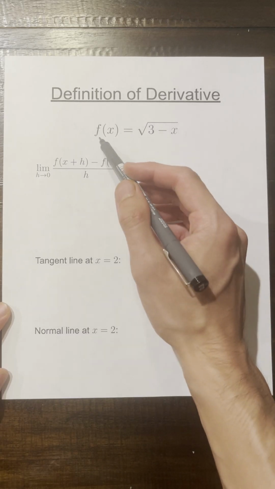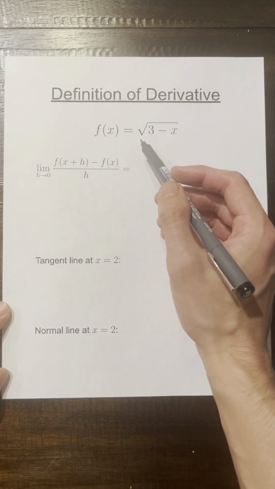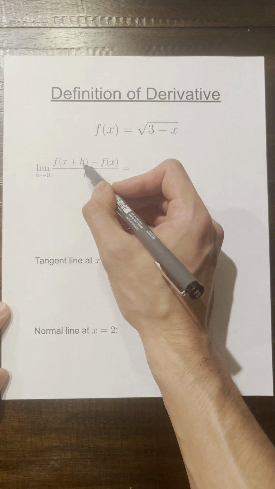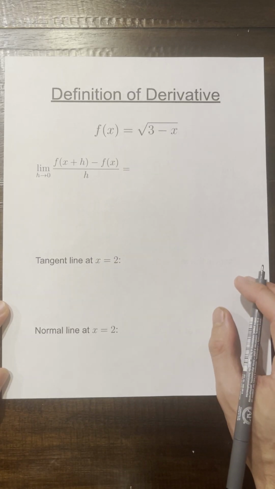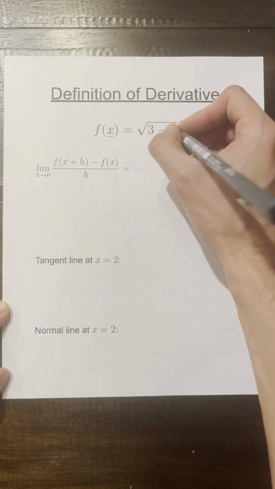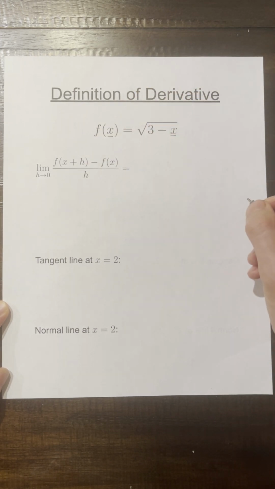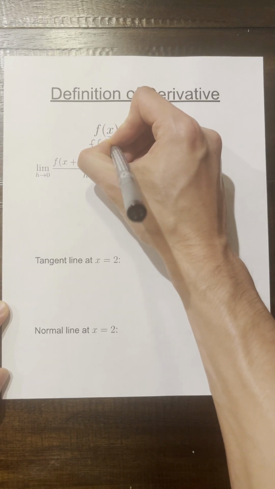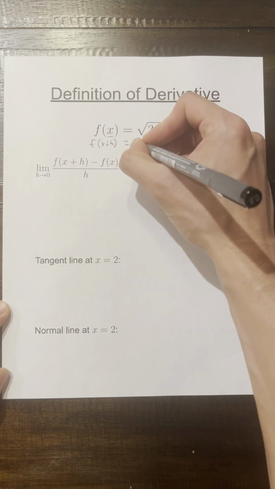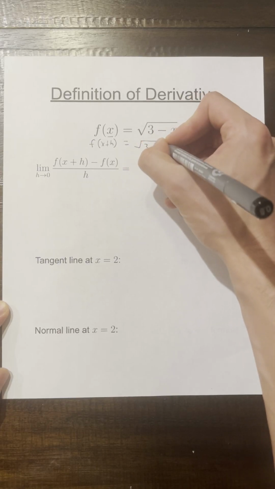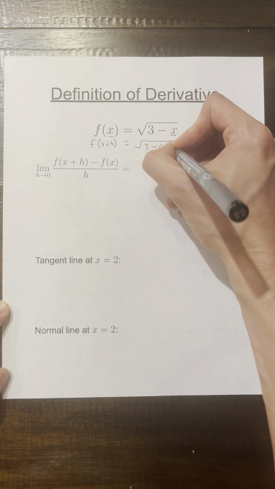Okay, so they gave us f of x is equal to the square root of 3 minus x. How do we find f of x plus h? So we can change the x's in this equation to x plus h. F of x plus h equals square root of 3 minus (x plus h).